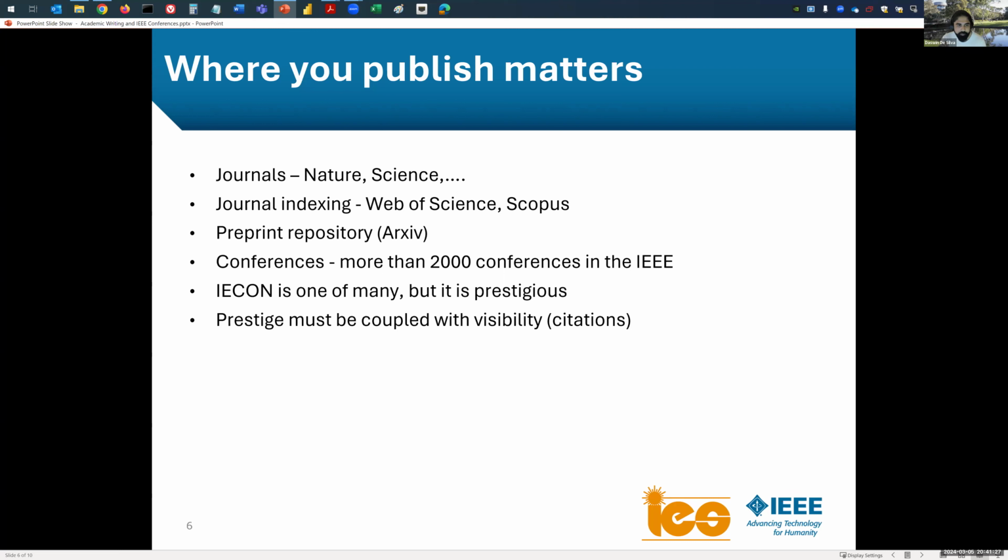So that's not really great. And because it's generative AI, we are hopeful that your papers will get many citations as well. That's the reason we selected ICON. It's prestigious, it's high visibility, and it's not as challenging as a journal, and it's not as demanding as what would usually be published in things like arXiv.